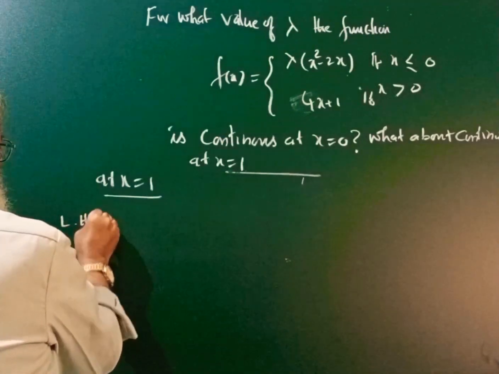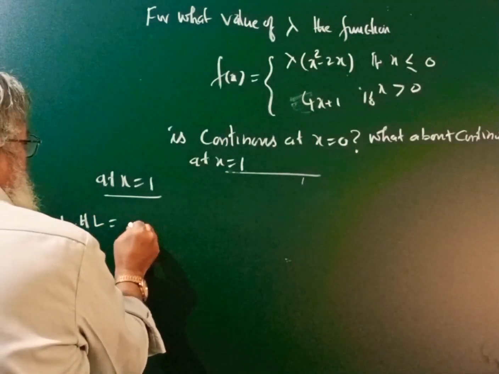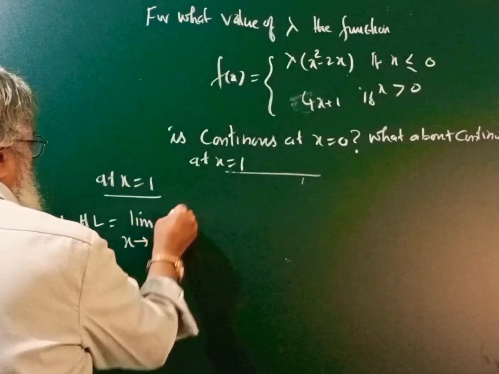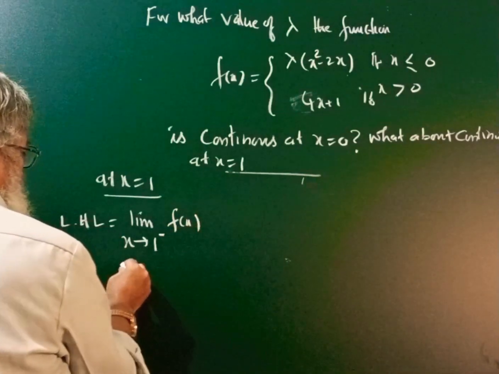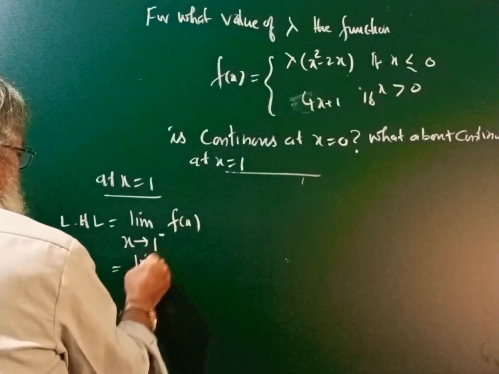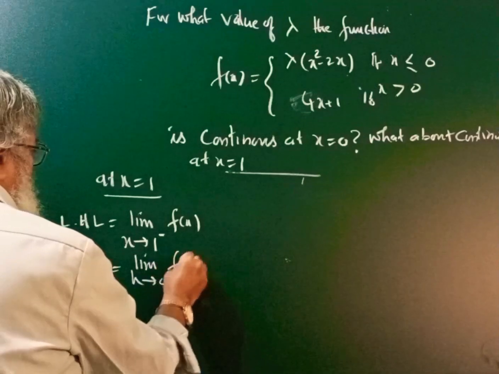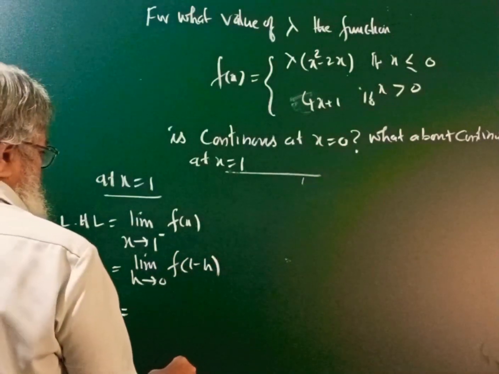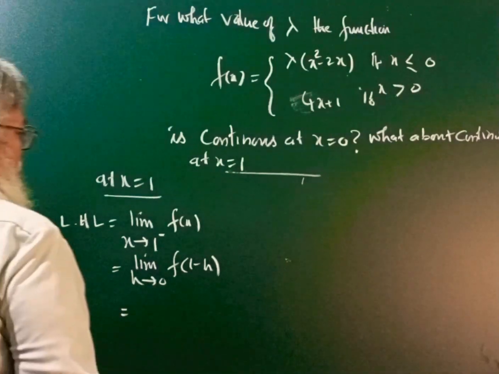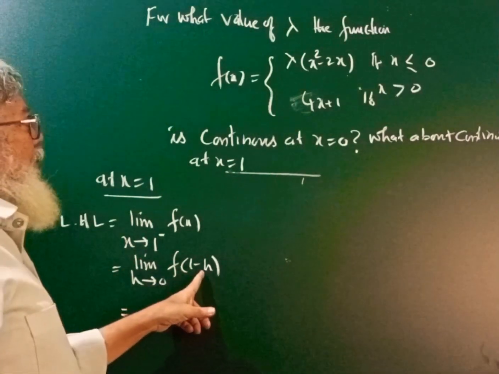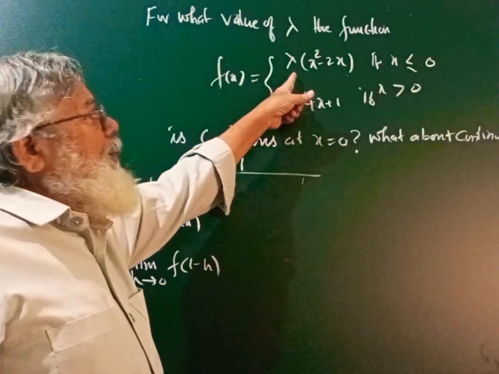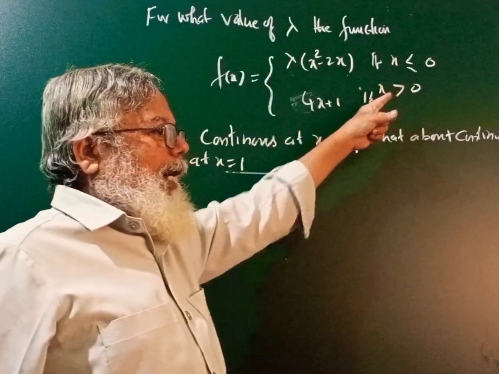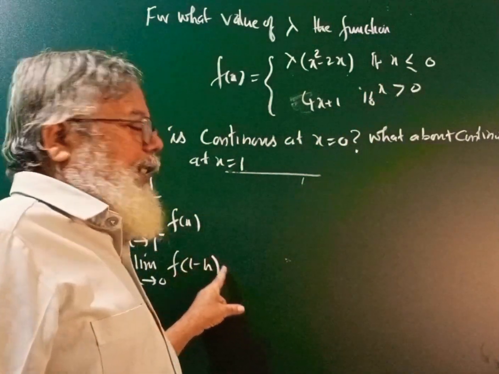The left hand limit is given by limit x tends to 1 from the negative side of f, that is limit h tends to 0 of f(1 minus h). Now you see here, for 1 minus h, the condition x less than 0 is not at all admissible, because the value here is greater than 0.